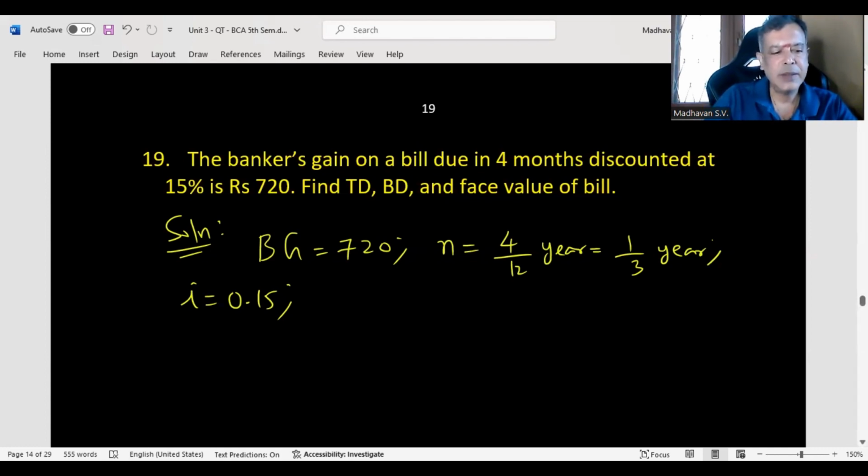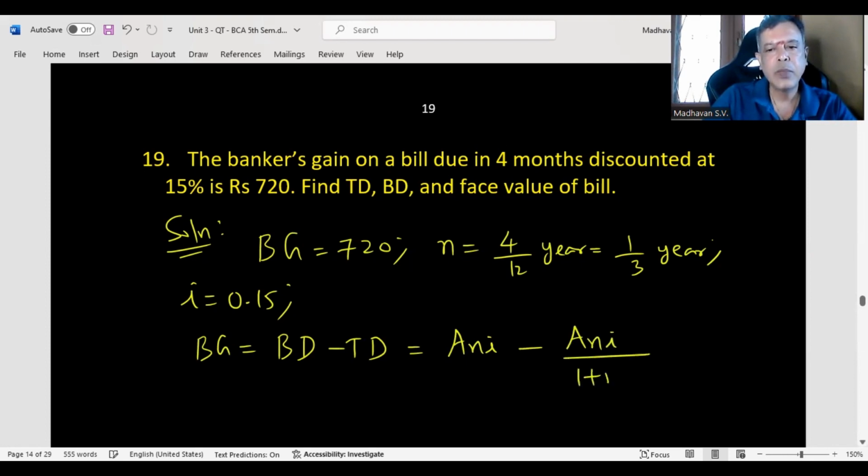So banker's gain is banker's discount minus true discount. Banker's discount is A into N into I, minus true discount, which is A into N into I divided by (1 plus NI).